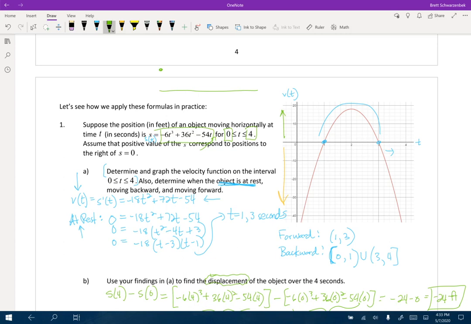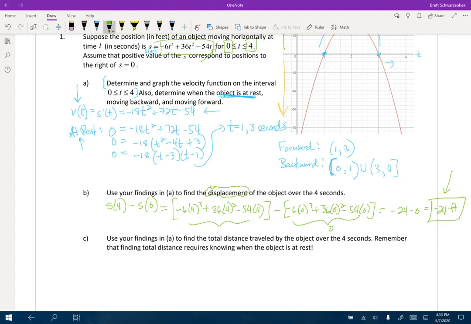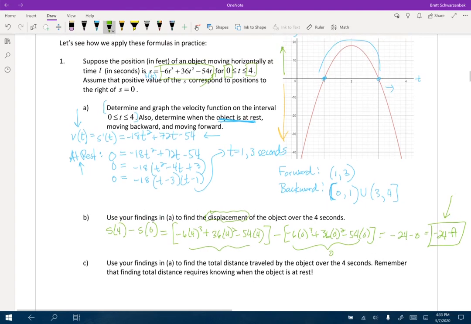If you move forward, you're moving in the positive direction, but then you could also move backwards in the negative direction more. So right now you would be, let's say, behind where you started. Well, that's what this means right here. So this object at 4 seconds is going to be 24 feet behind where it started. That is the key concept.